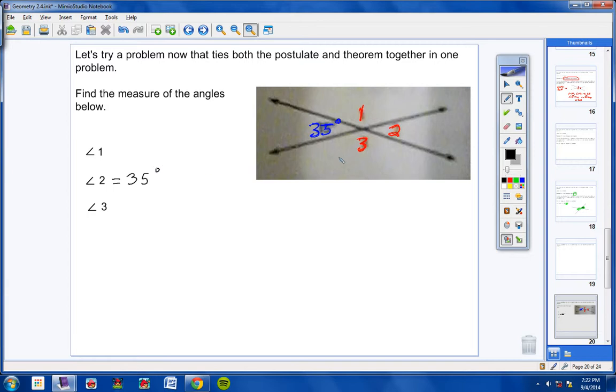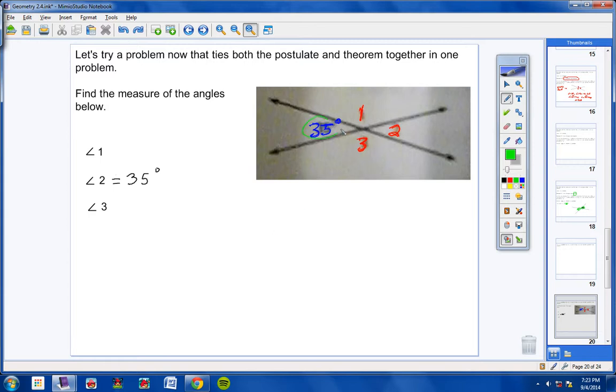Now, you should notice something else, students. Notice how I have a straight line right here with a ray coming off of it. That means this angle here and this angle here are linear pairs. We learned a postulate that said if angles form a linear pair, then they are supplementary.